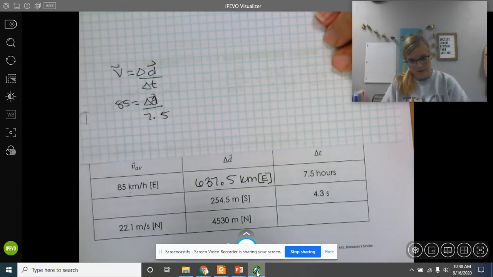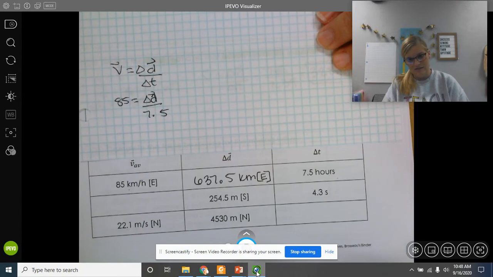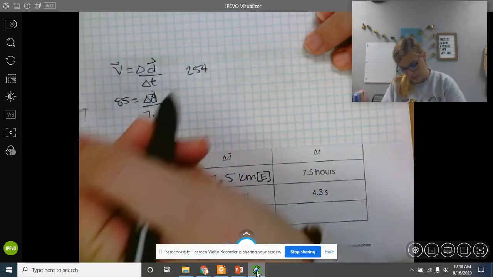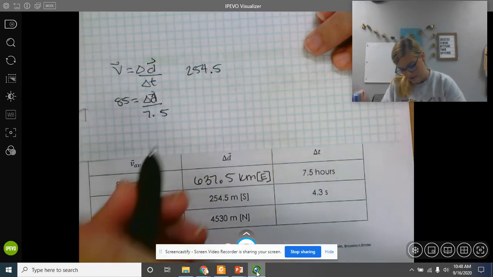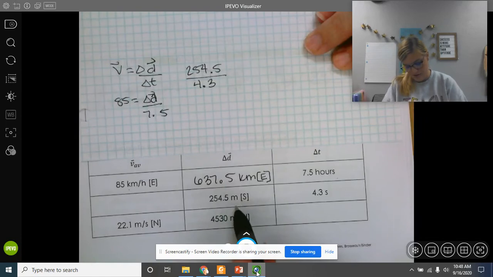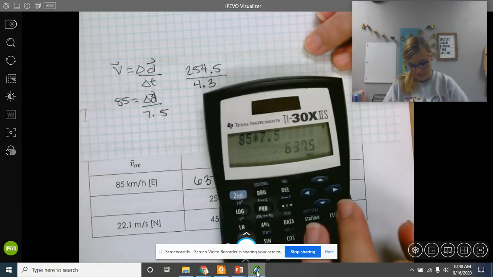For the second one, I have my displacement is 254.5, and my time is 4.3. Again, my units match up to where I need them to be, so I can just do the math on that.